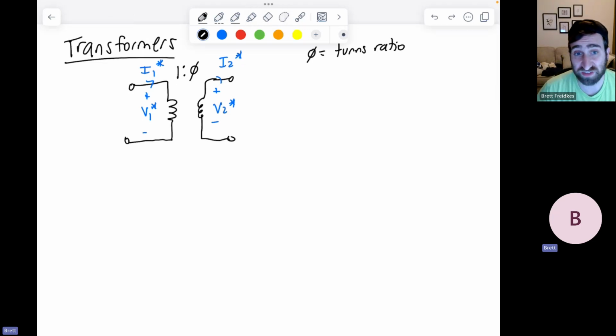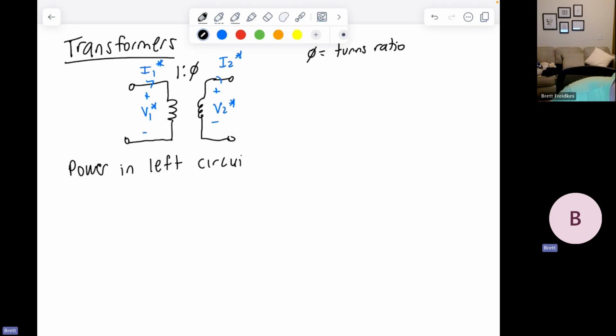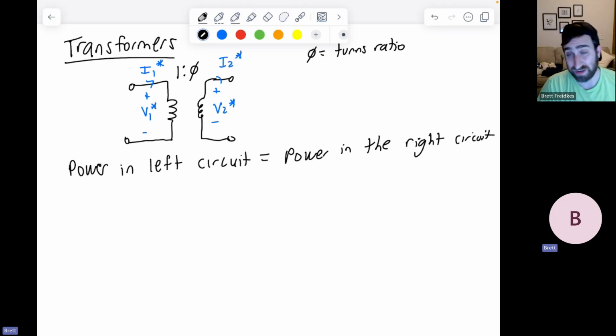Now, there's a few interesting things to note about this setup. First off, the power in the left circuit must equal the power in the right circuit. And again, we're assuming this is an ideal system without any losses.